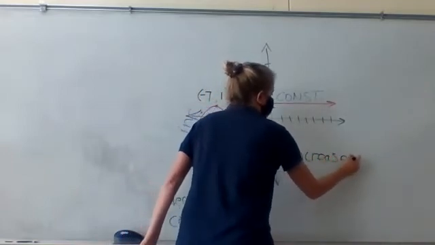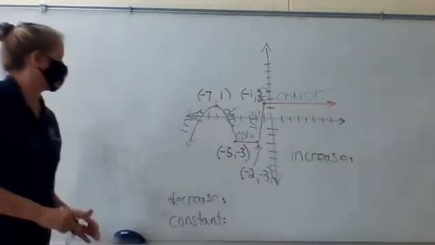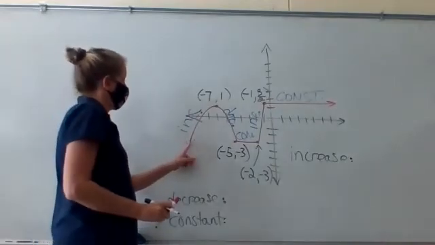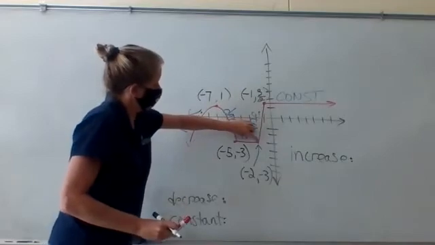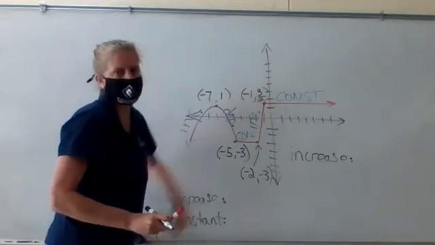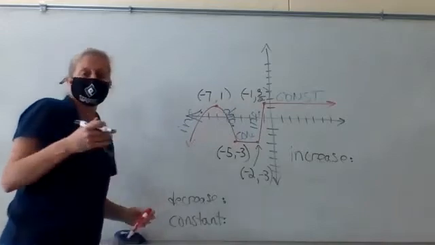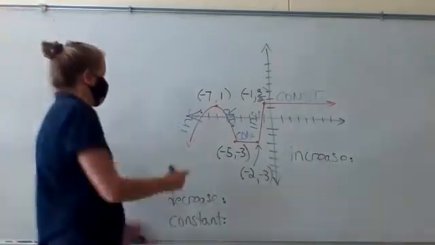So let's see, where is this graph increasing? It's increasing in 2 spots. Increasing here to here. And then again, from this point to this point, it's going up. So I have 2 intervals that I need to talk about.